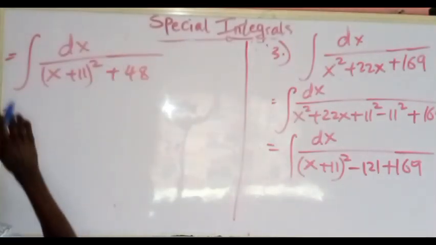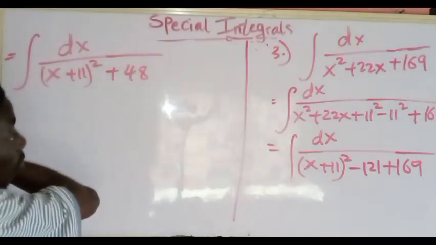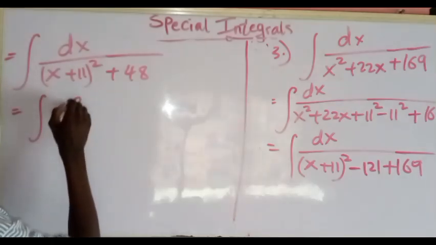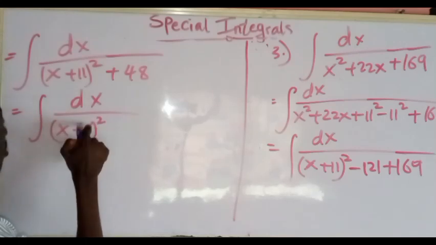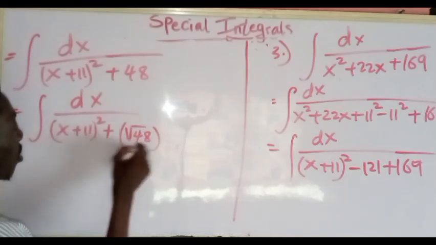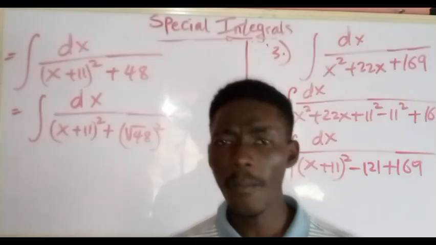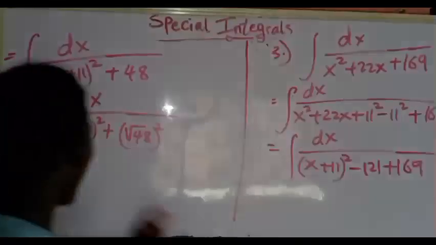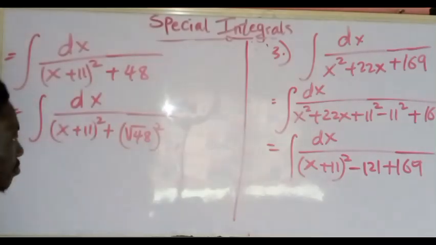That makes it easier. So that becomes the form of x plus 11 squared plus the square root of 48 all squared. It is in the form of something squared plus a constant squared. You can see I have x squared here, so x plus 11 squared plus the square root of 48 squared.